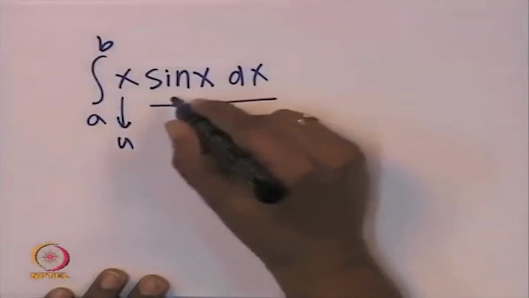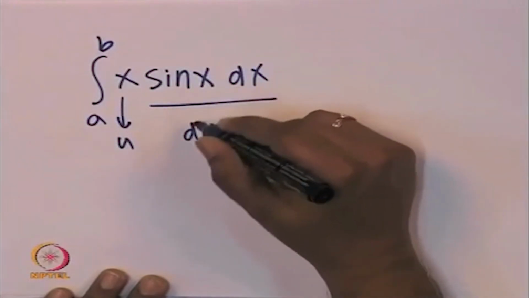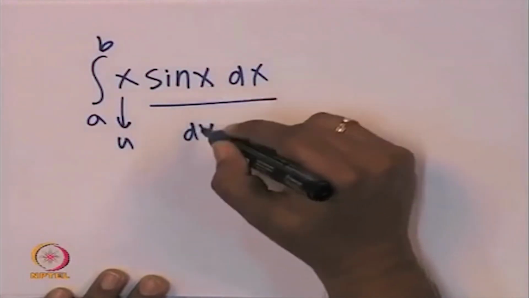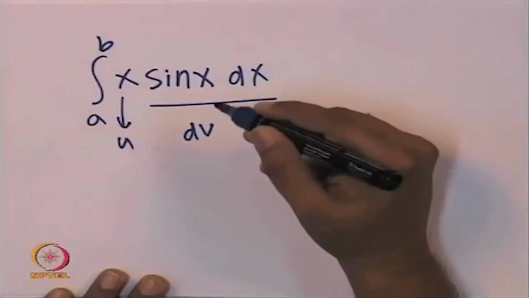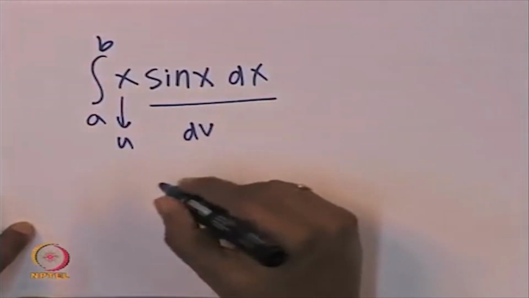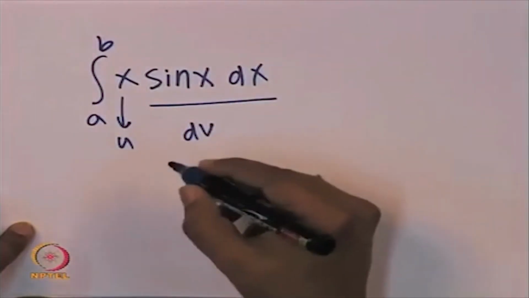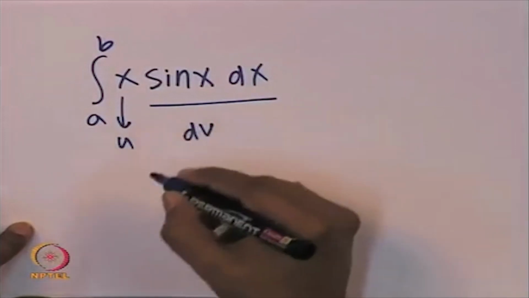If this is dv, the integral of sin x, that is v, is nothing but cos x, right. Actually it is minus cos x, so we will put a minus sign.